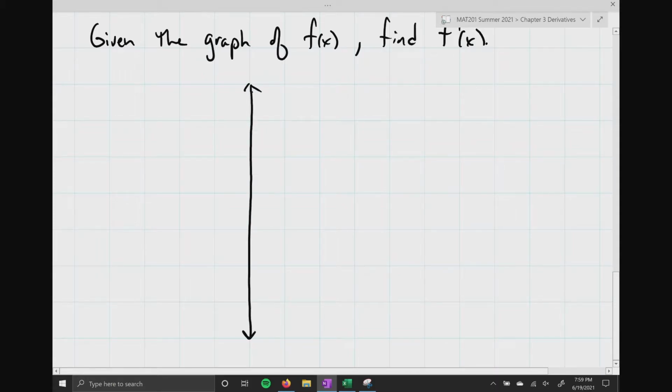So now you can see why I need the graph paper. Because it keeps my lines nice and straight, and I like that.